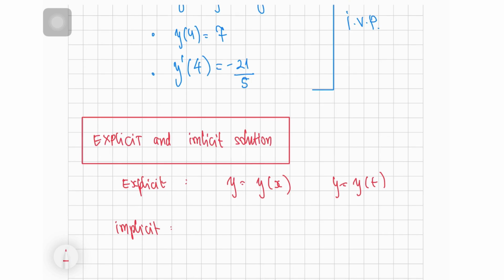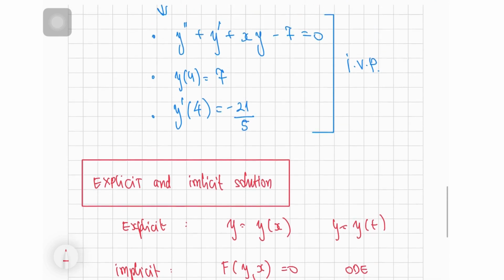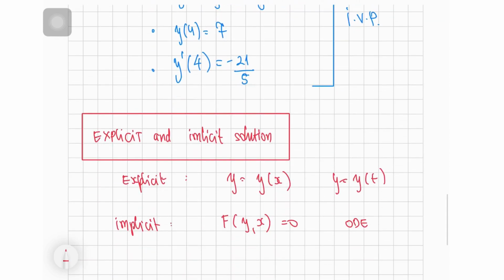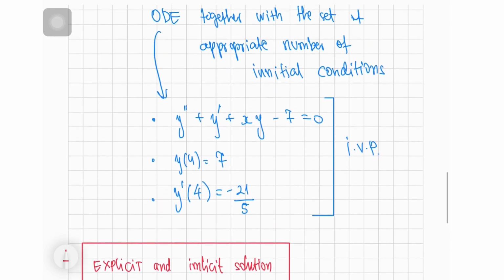For example, that can be f of y and x equals 0. So this is an implicit solution of some ODE. So we know what explicit and implicit solutions are now. It comes just to the form of the solution itself.